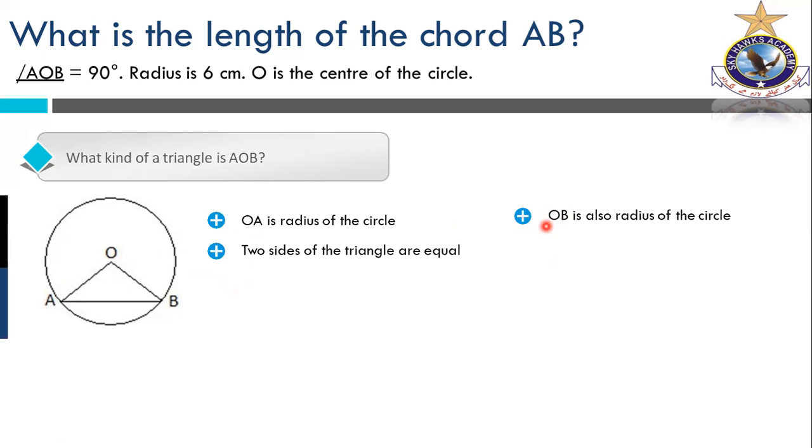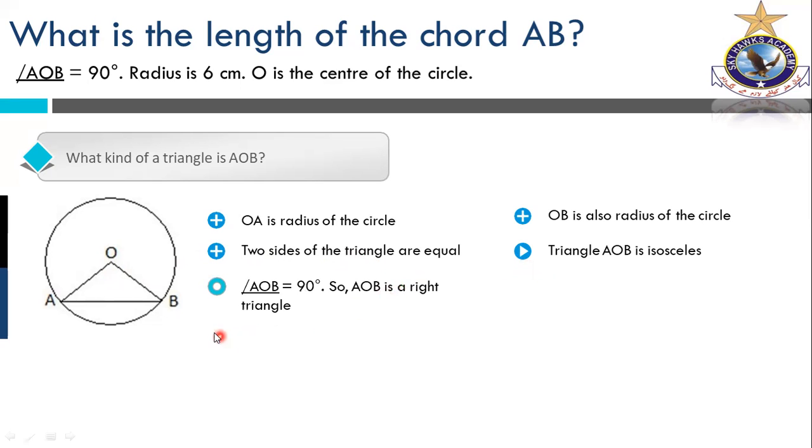One more thing: two sides of the triangle are equal, because this is also a radius and this is also a radius. Two radii of the same circle are equal. So that's why two sides of the triangle are equal. This implies that triangle OAB is isosceles. Good.